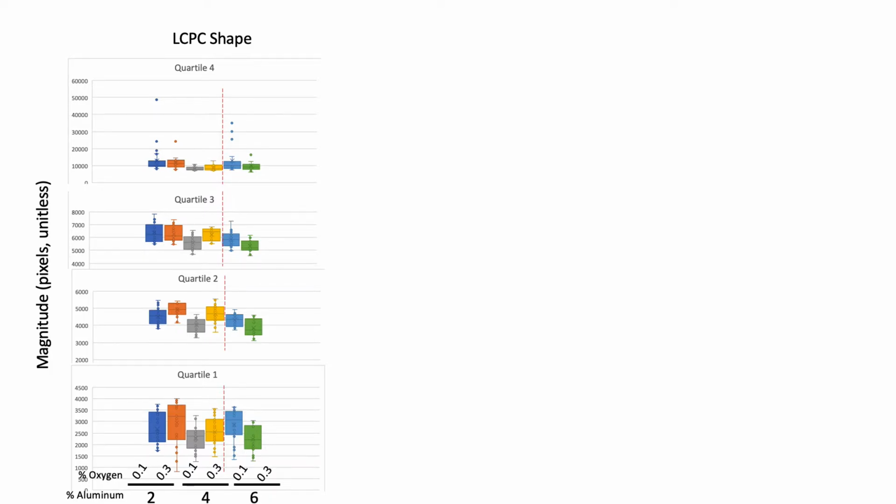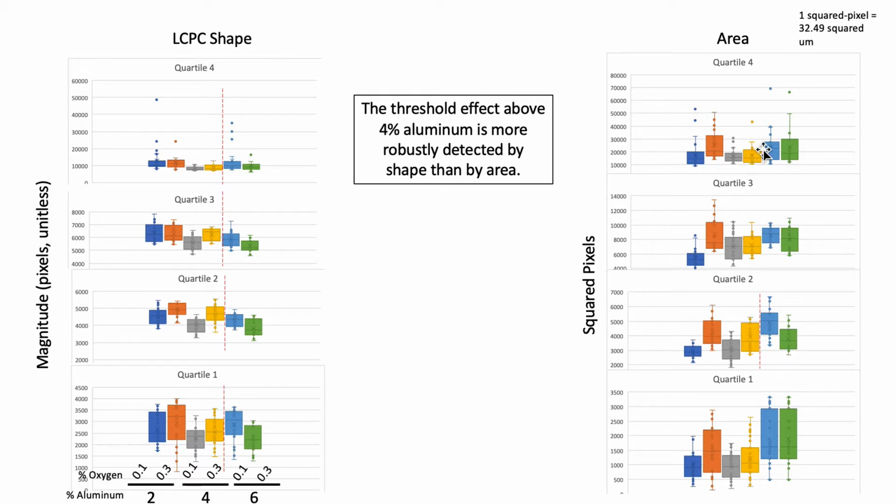And as a control, we did the same analysis using area to show that only quartile 2 of area measures exhibited this threshold effect when the 3 other quartiles did not, showing the superiority of measuring shape compared to area and how they are related but distinct in what they measure.